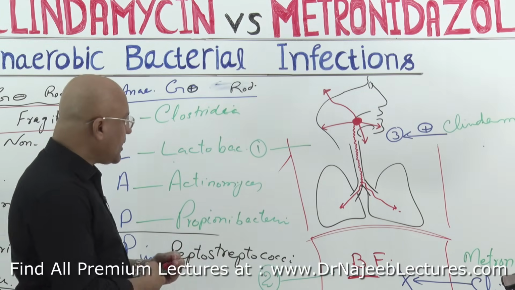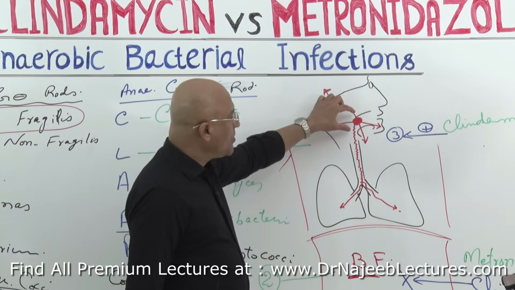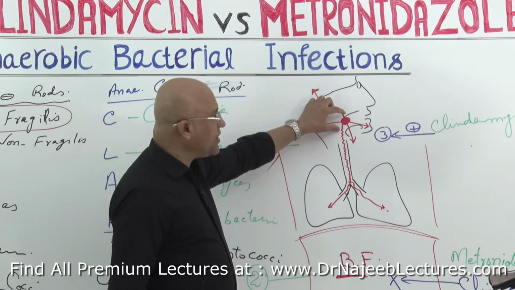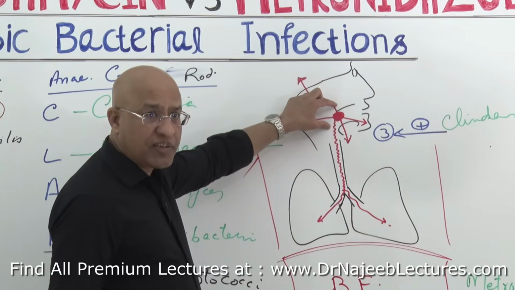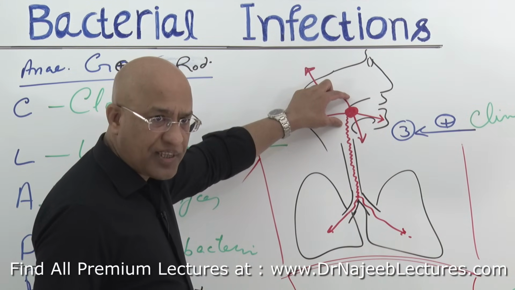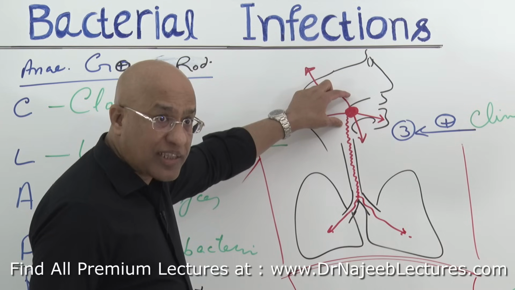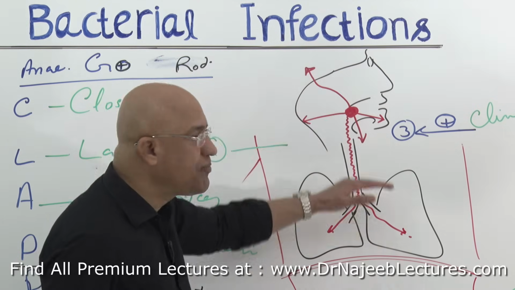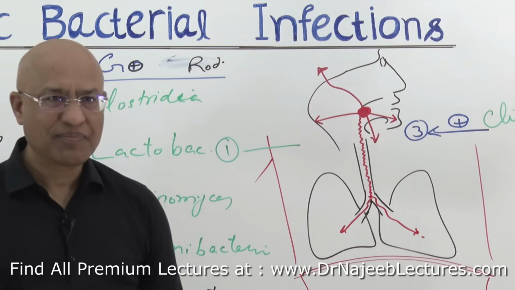So, the organisms in the oropharyngeal microbiota are responsible most of the time for the anaerobic infections above the diaphragm, right?